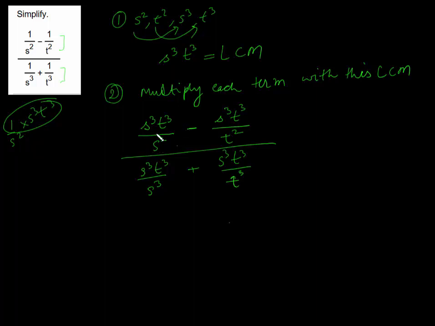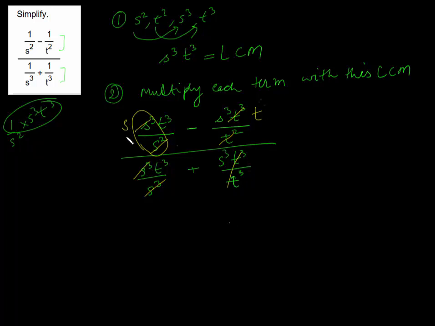All you want to do is divide, right? So s cubed divided by s squared, you already know, will be just s, and t squared, t cubed cancel out, you're left with just t. Similarly, s cubes cancel out, t cubes and t cubed cancels out. So what are we left with?